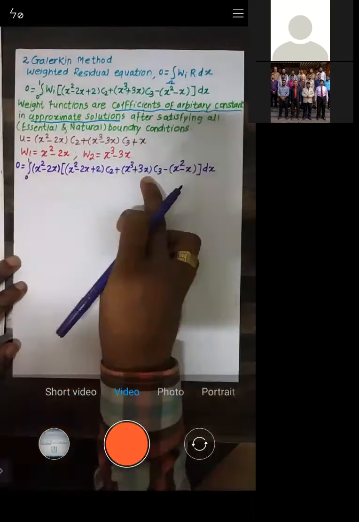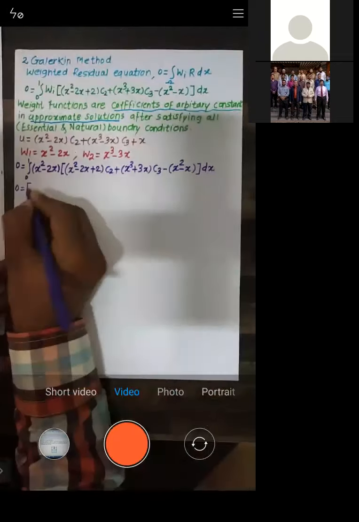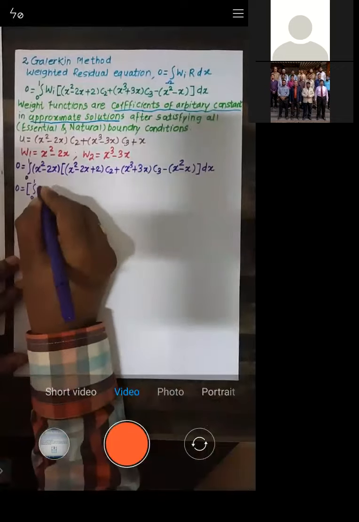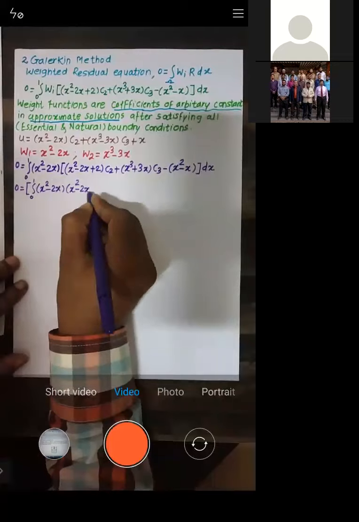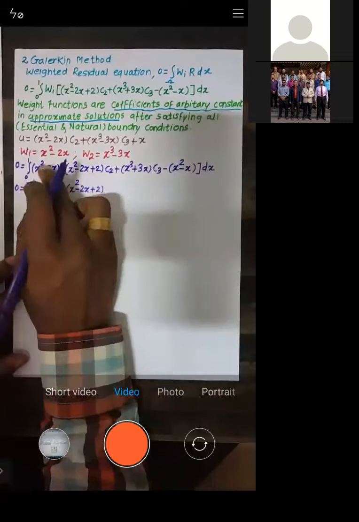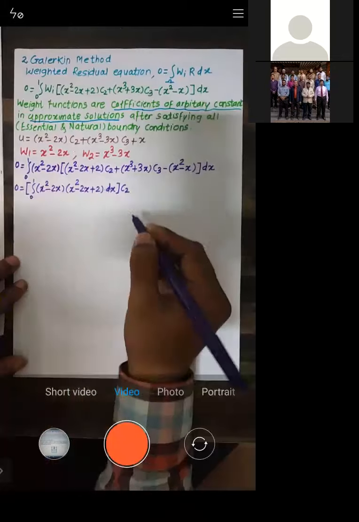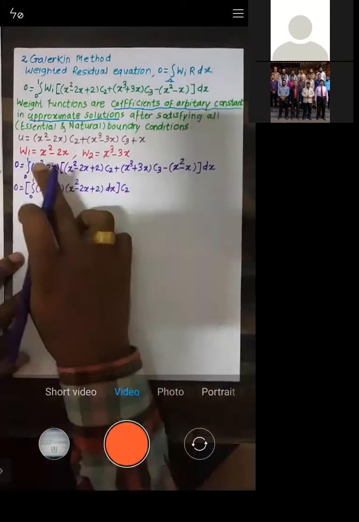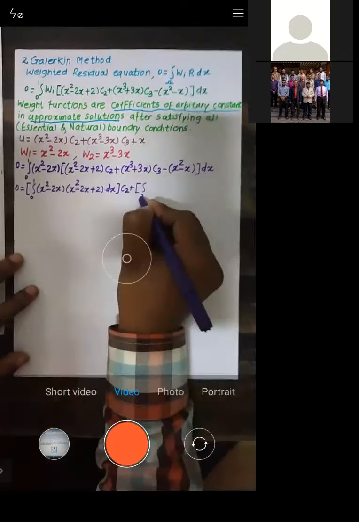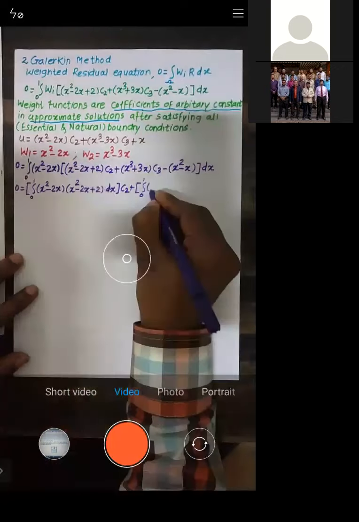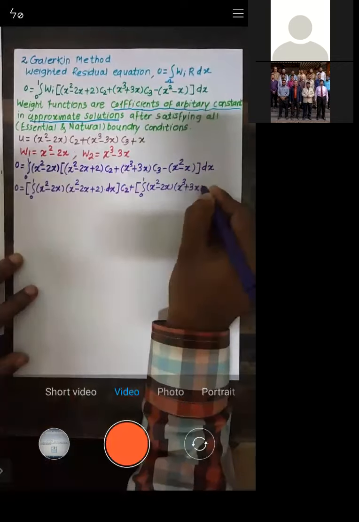Now let's split this bracket. So 0 is equal to integration 0 to 1 of x square minus 2x into x square minus 2x plus 2, into c2 dx. Next, plus integration 0 to 1 of x square minus 2x into x cube plus 3x, into c3 dx.